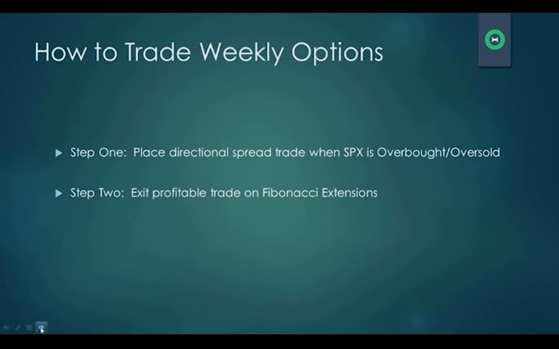Step 1, we place a directional vertical spread trade when the SPX is overbought or oversold. Step 2, we exit a profitable trade on a Fibonacci extension, or if it goes against this and makes a measured move against us, we exit and take a loss. Two steps, very simple.